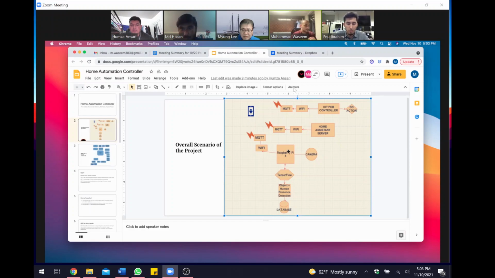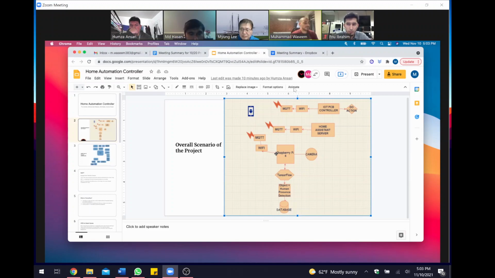From there, the Raspberry Pi is connected to Wi-Fi, which can send protocols through MQTT, and we'll explain MQTT later on. So it's connected through Wi-Fi to all these other systems, which are able to send commands back and forth to each other.